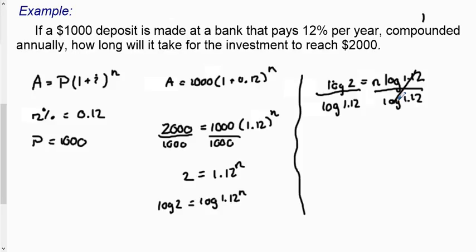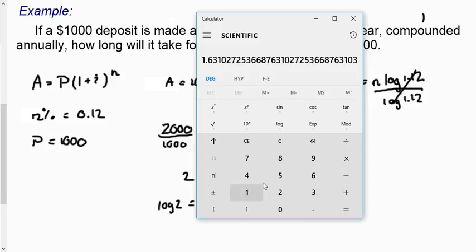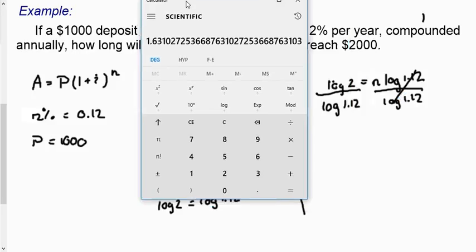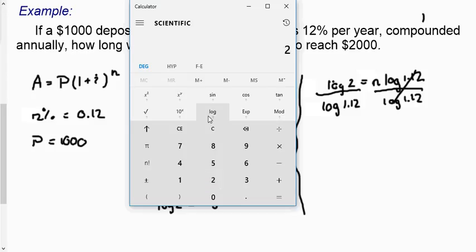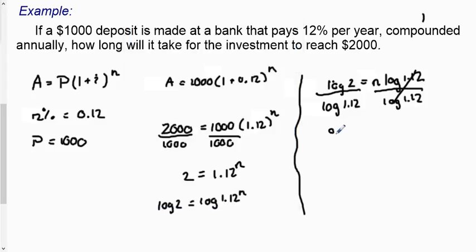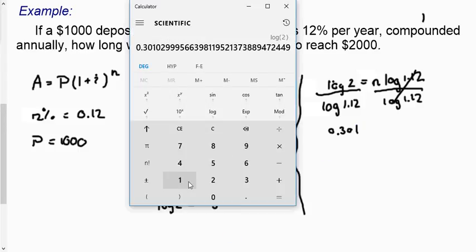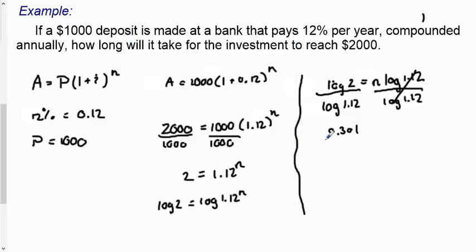They will cancel on this side. But now I need to get some numerical values here. So I need to get the value of log 2, which is 0.301, and the log of 1.12, which is 0.049.